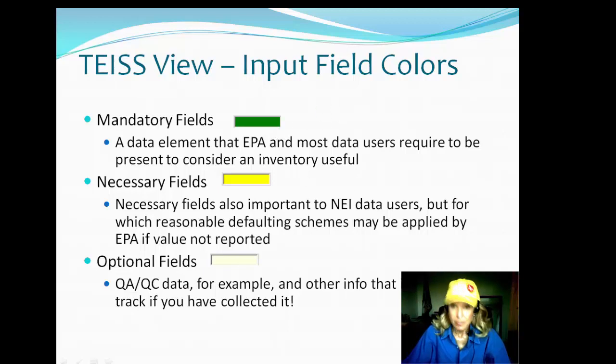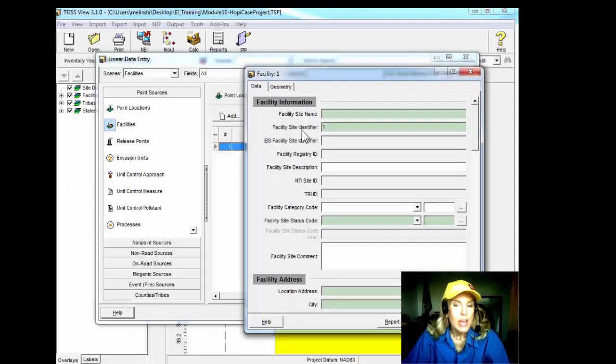So you can see in TEISS we have to enter information into the green fields. There are some fields that are grayed out, and those are when, based upon the information that you've already entered, TEISS feels that those are not relevant.